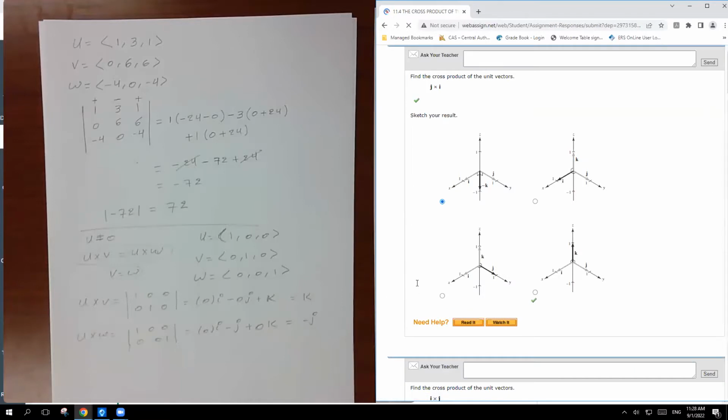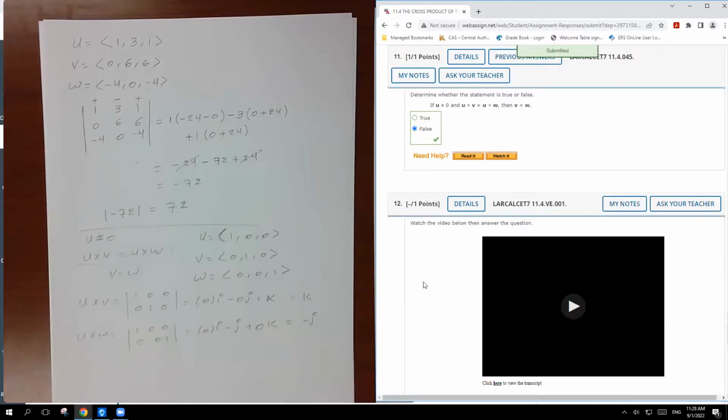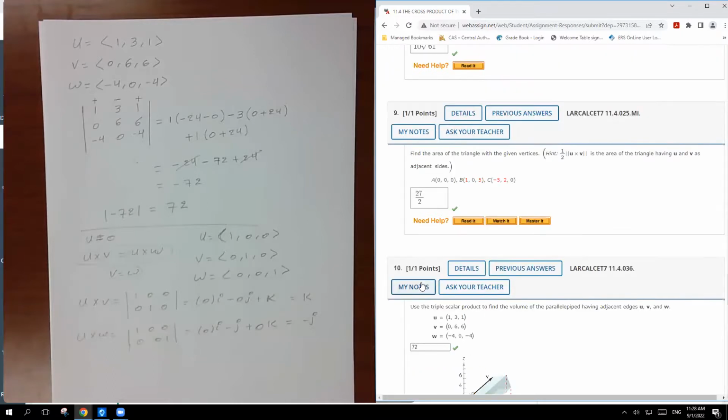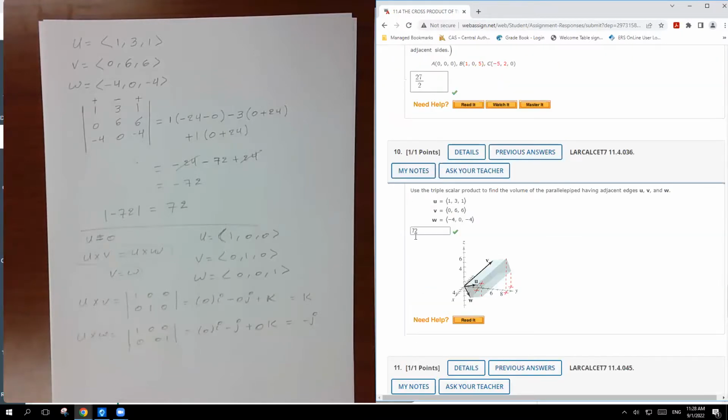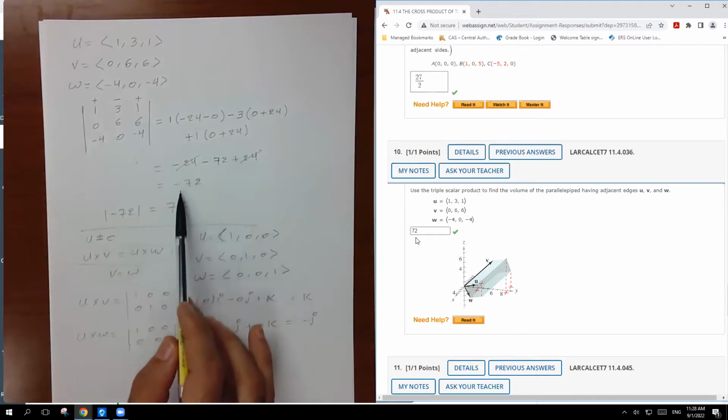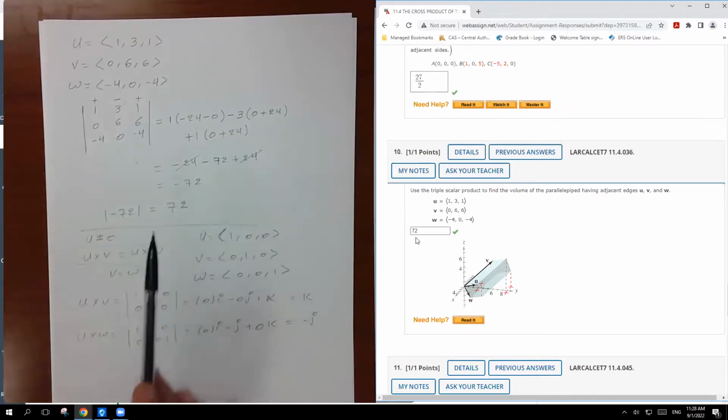On number 10, I believe, what was it, 72? Yes. Wouldn't you find the triple? Yeah, I did the triple scalar multiple. And then finding the volume would be finding the length of it, right? Not the length, the absolute value.